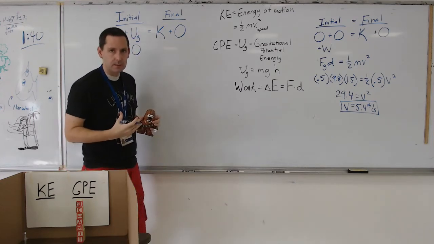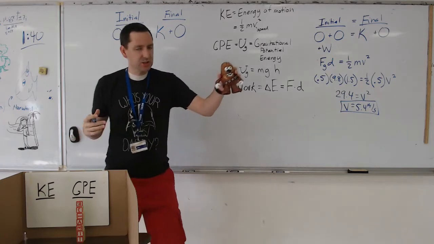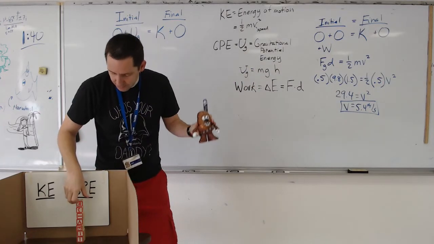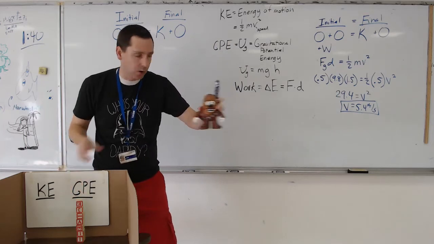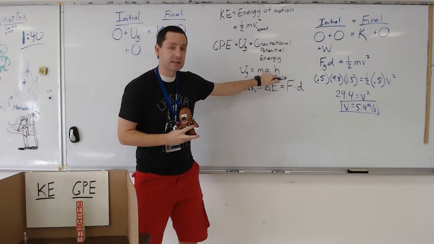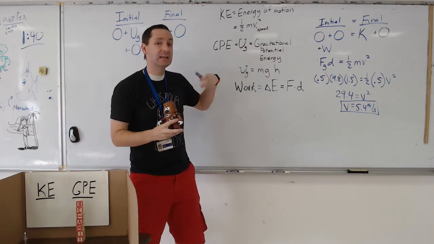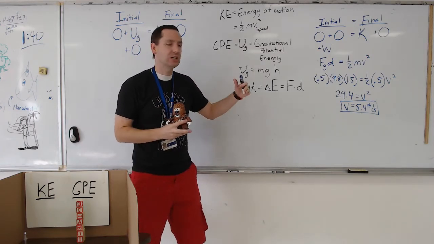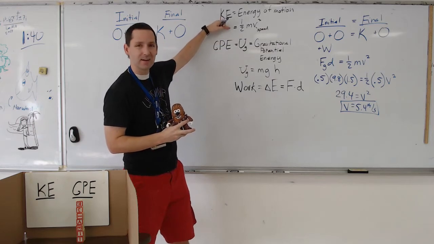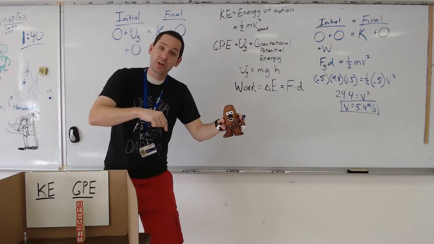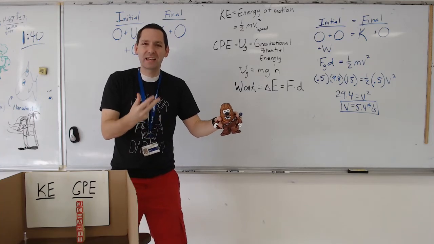The amount of work being added on is 0. Now, what happens as Chewbacca falls? As his height goes down, it's going to cause this number to decrease. But that energy is not disappearing. That energy is turning into kinetic energy. So as he falls, gravitational potential energy decreases, but kinetic energy increases.